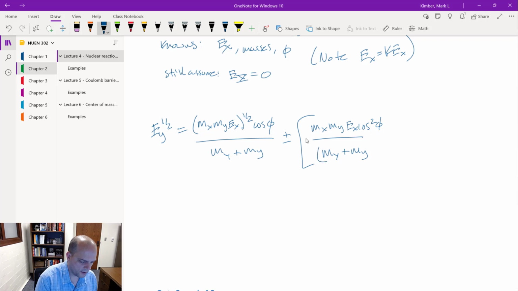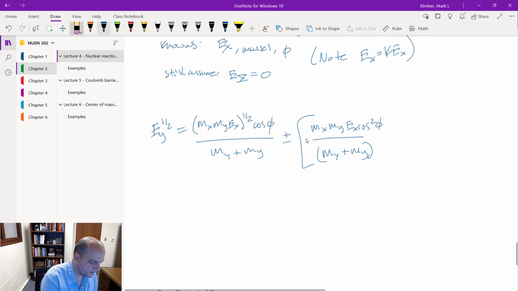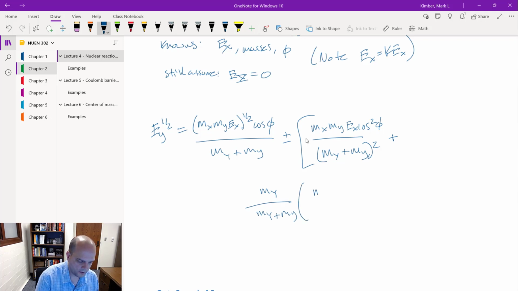So this might look familiar or show some resemblance to the quadratic formula. That's exactly what you're going to find you get. So this is the opposite b plus or minus the square root of b squared. And then the rest of the stuff in this bracket is going to be my over my plus my, times my minus mx over my, times the energy of that projectile, and then I've got my Q factor.